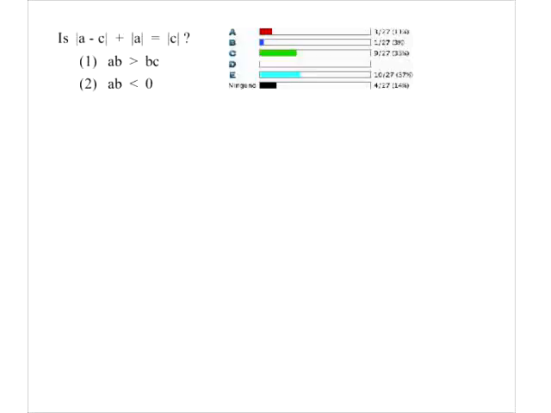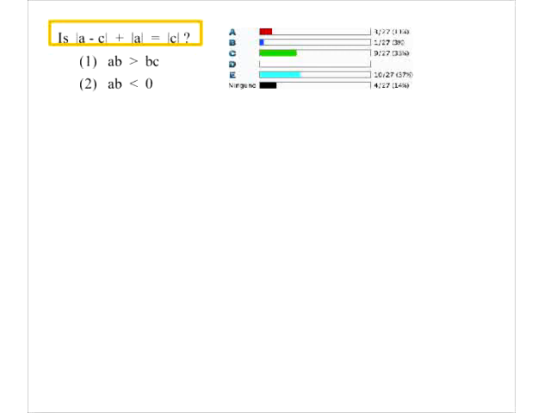So there you go. Let's take a look. Yet another way to interpret absolute value here. But let's talk about where we might go with this first. Is absolute value A minus C plus absolute value A equal to absolute value C?